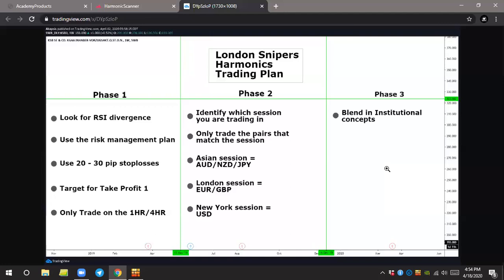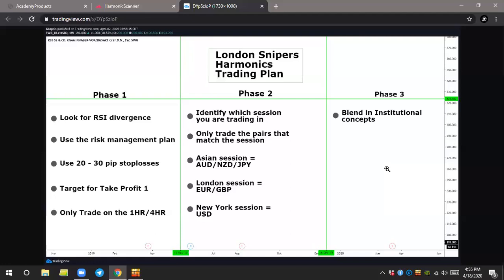So now in phase 2, what we're going to be identifying is which session you are trading in, right? Second thing is we're only trading the pairs that match these sessions, okay? So Asian session, you're normally looking at AUD pairs, Australian dollars, NZD, New Zealand dollar, or Japanese yen, JPY.